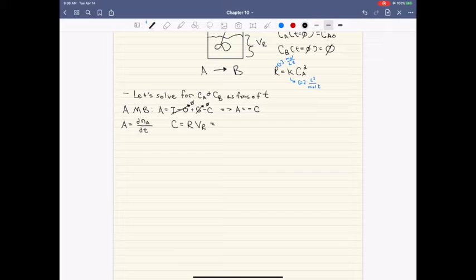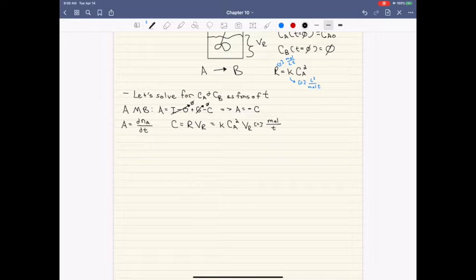So what we get in the end is K Ca squared times V sub R. And so the units here have to match the units of the accumulation term, and so we will get moles per time for the units.